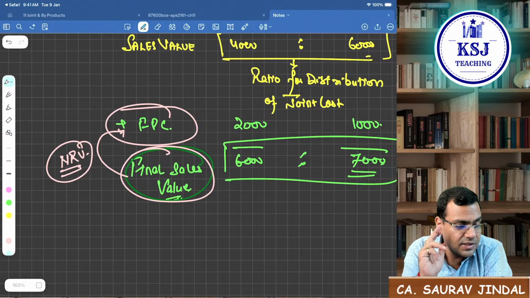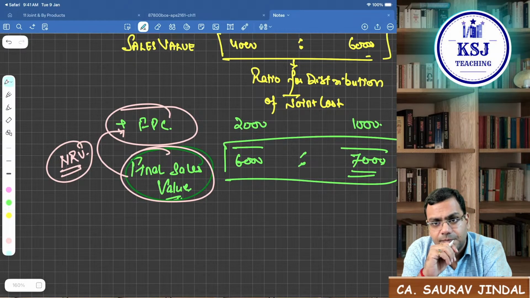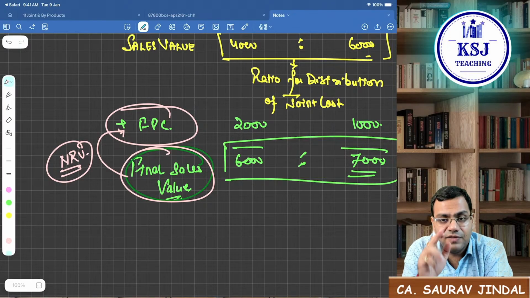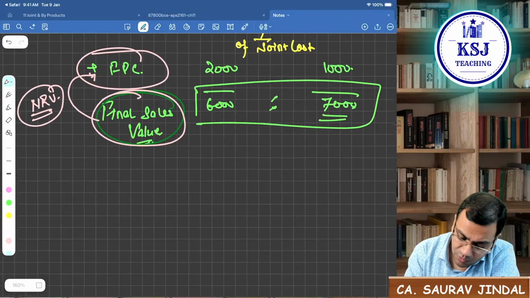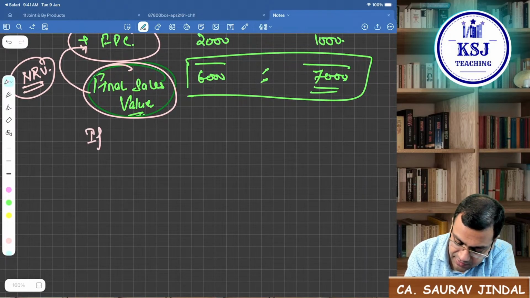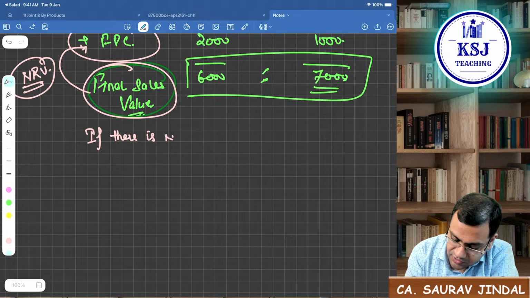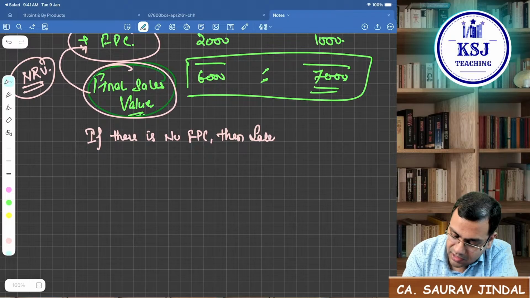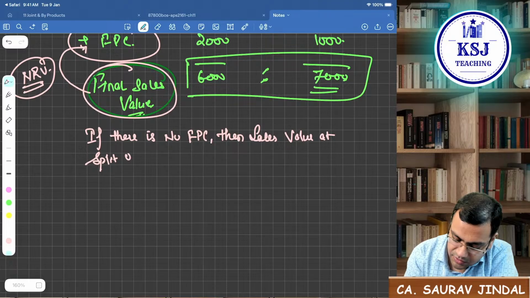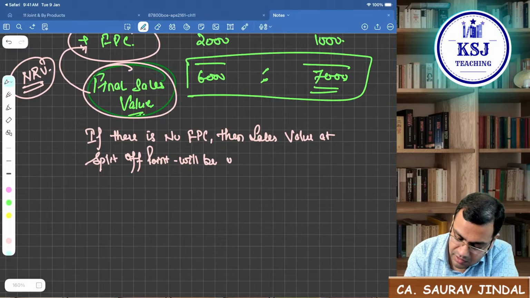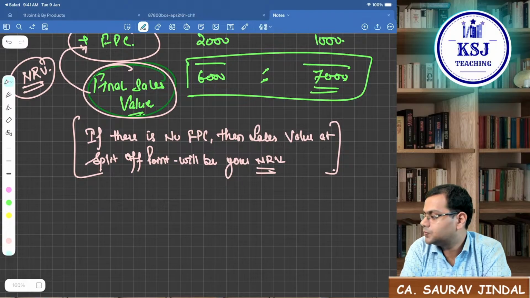Sir, in case, listen to it very carefully, in case there is no FPC, then what will be the net realizable value? If there is no FPC, then whatever is the sales value at split off point will be your NRV, that is net realizable value, right?